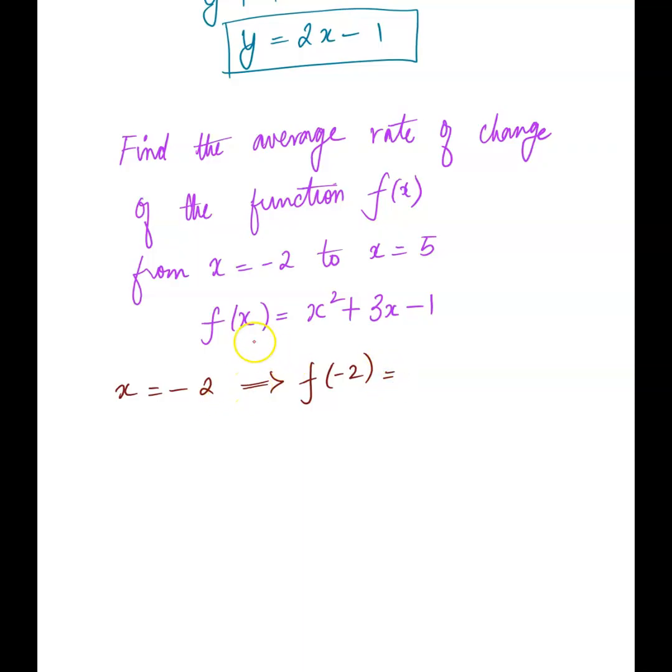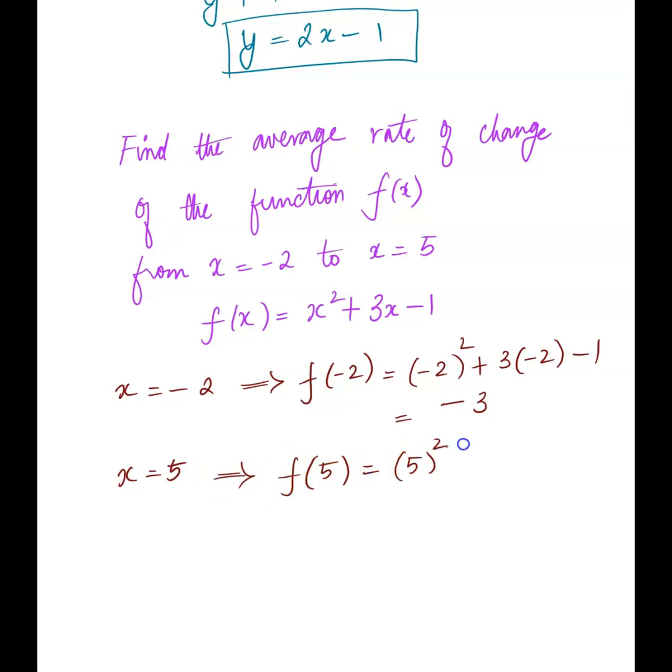So all we have to do is find the corresponding y coordinates for these. So -2 the whole squared plus 3 times -2 minus 1. Okay. And that comes out to be -3. When x is equal to 5, f of 5 would be 5 squared plus 3 times 5 minus 1, which comes out to be 39.